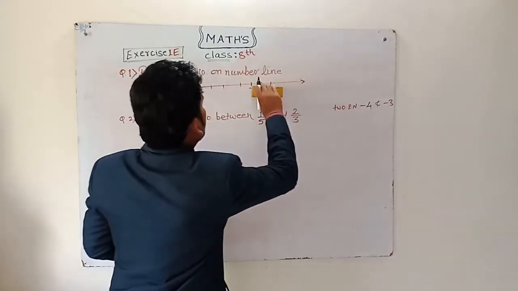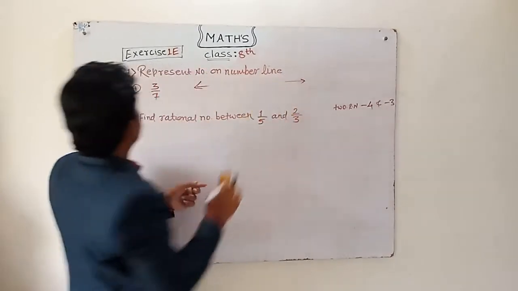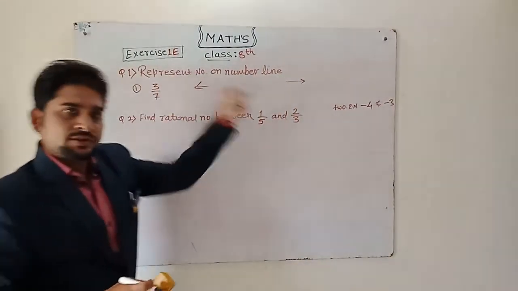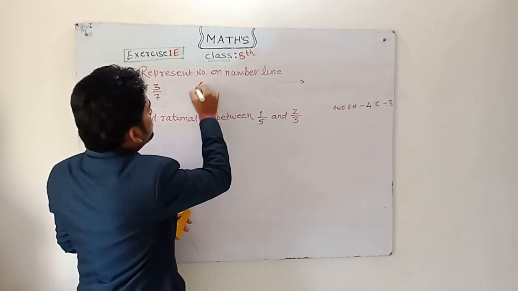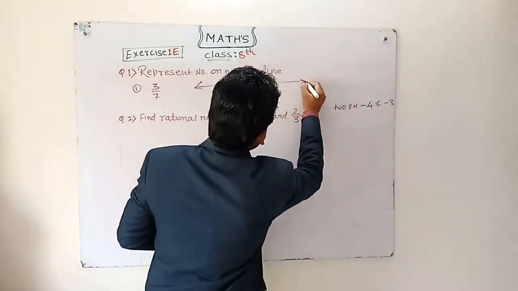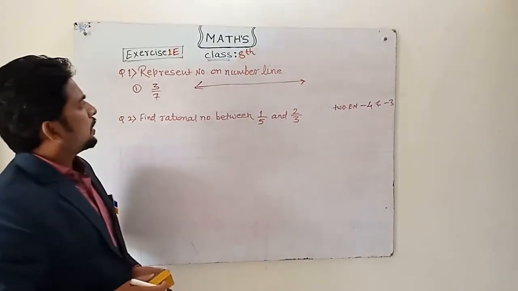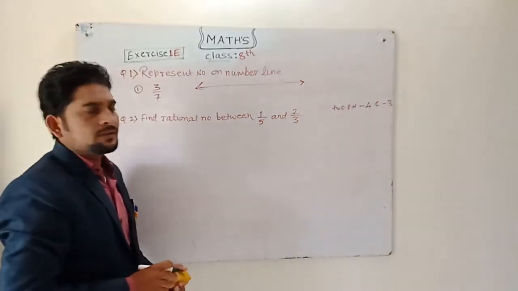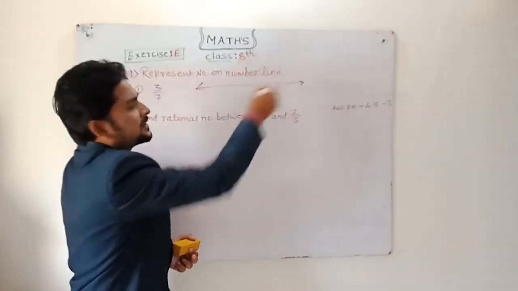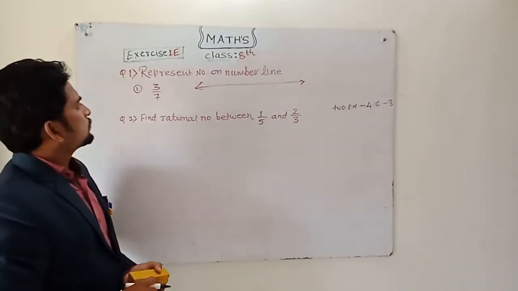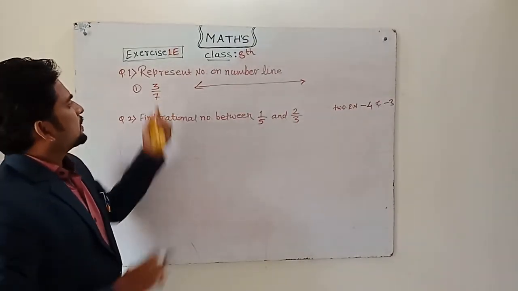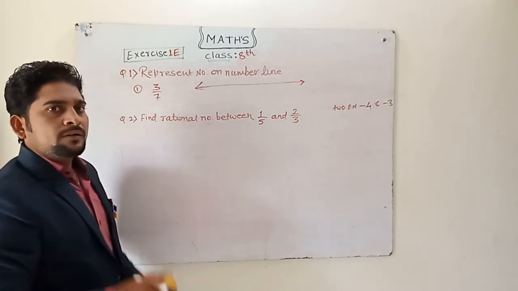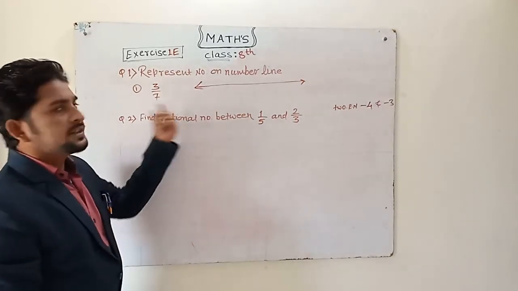After that we have to show 3 by 7 on this number line. So how will it be? Up to now we were representing in the simplest form, with a dotted line. Here I'll tell you something different, comparing with fraction.